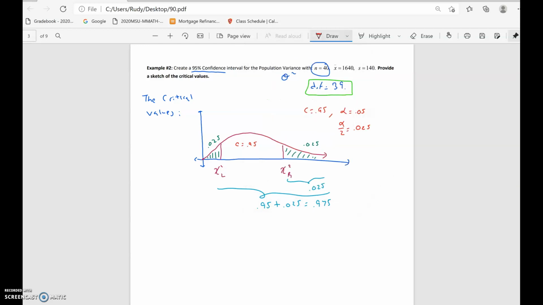So these are the areas that we're going to be looking at in the table with a degree of freedom of technically 39. And this particular one is going to have a minor problem if we're looking at the table, but for the exam it's going to be fine.